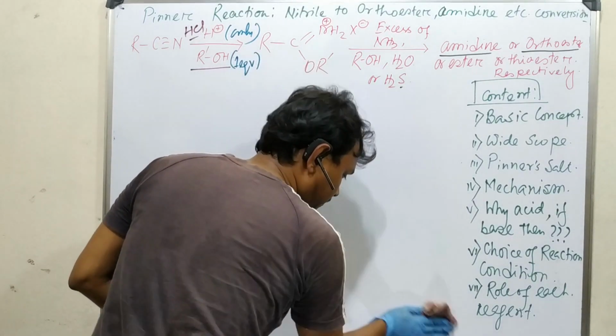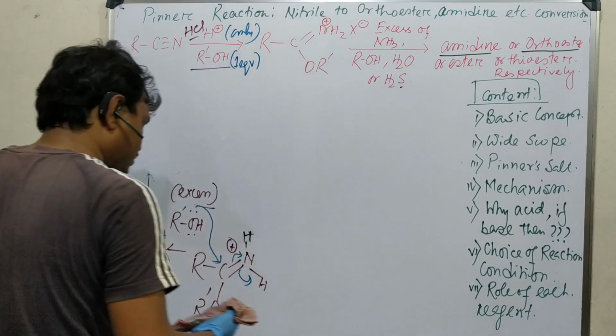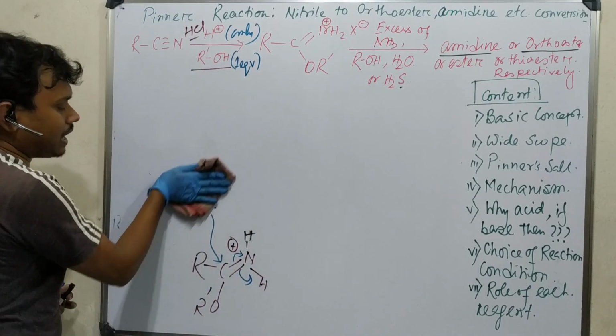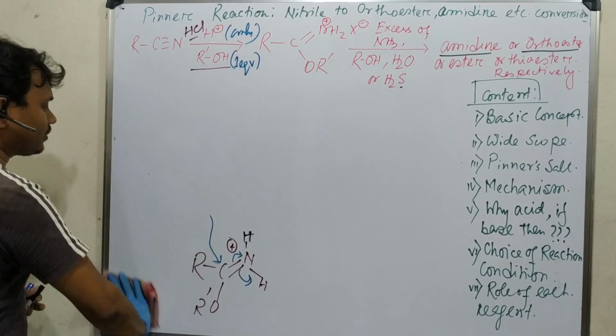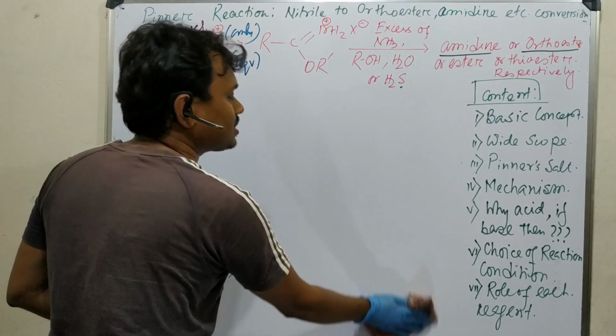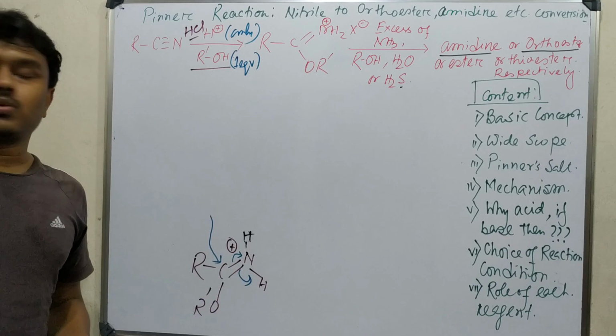But keep in mind, if I am saying ammonia, don't think that we don't need to use alcohol. We need to use alcohol. It is essential to use alcohol, otherwise this Pinner salt formation will not happen. So you must keep this point in mind.